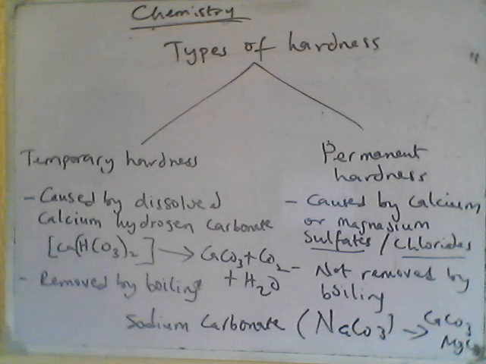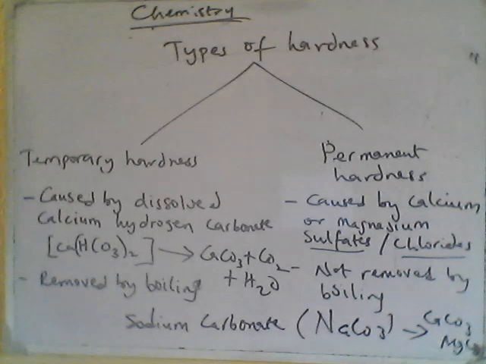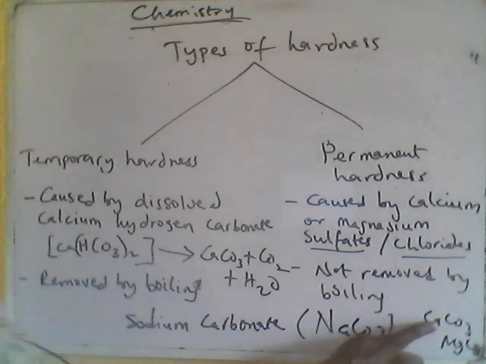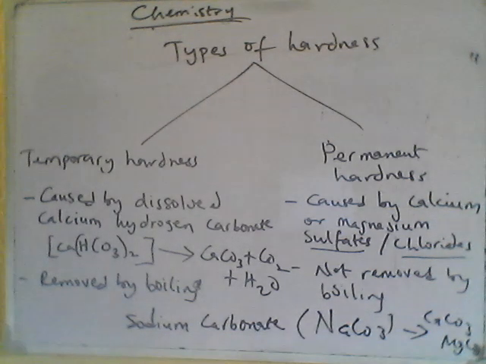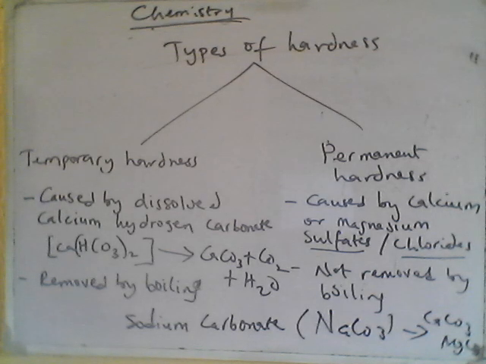So, what does that mean? Ion exchange resins replace calcium and magnesium ions with sodium. Distillation: pure water is obtained on condensation. Use of lime for both temporary and some permanent hardness.